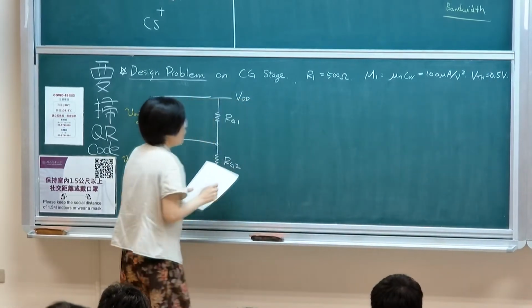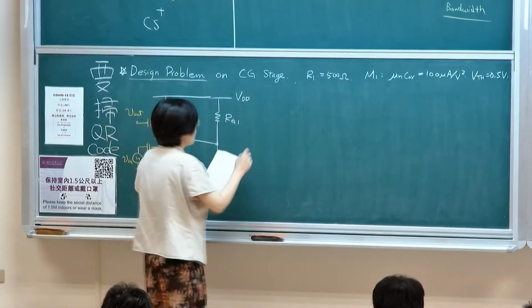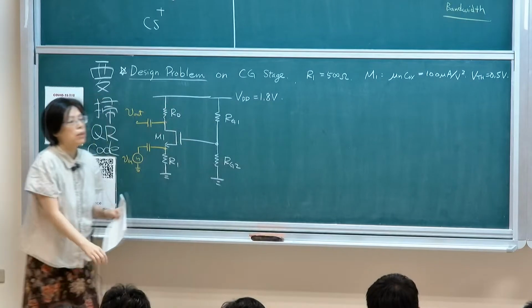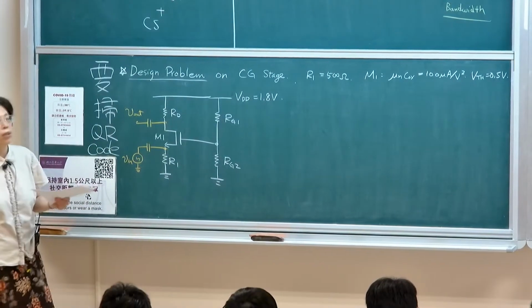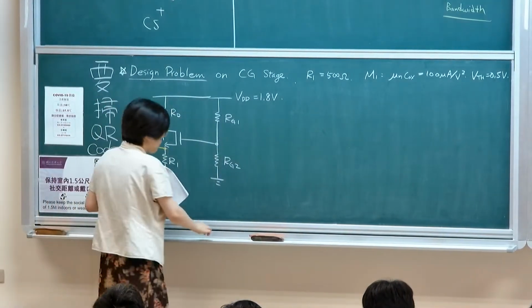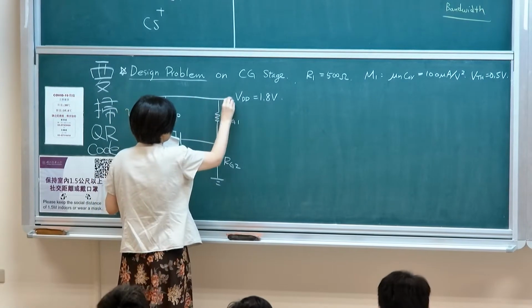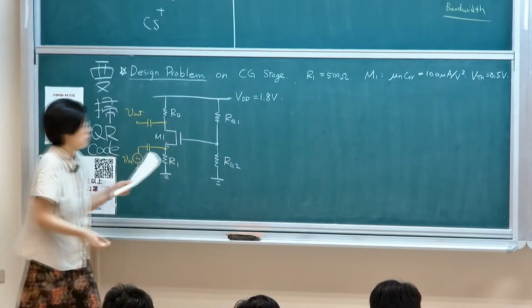And then your spec tells us VDD is 1.8 volt. It's typically defined by technology. The supply voltage is a system-provided level, so 1.8 volt.